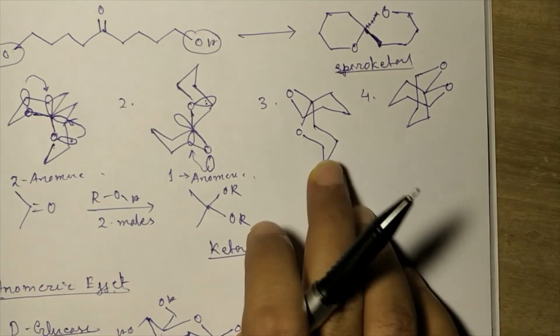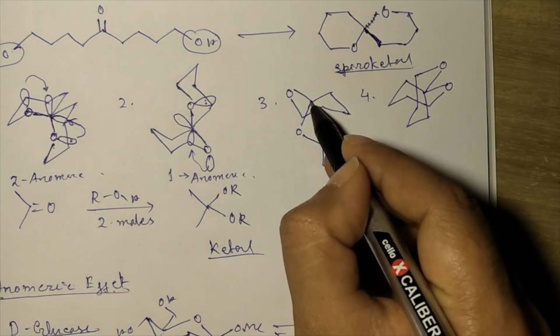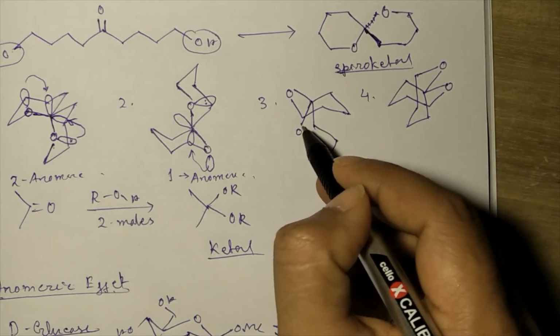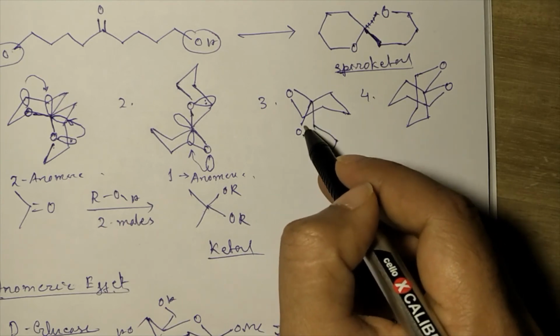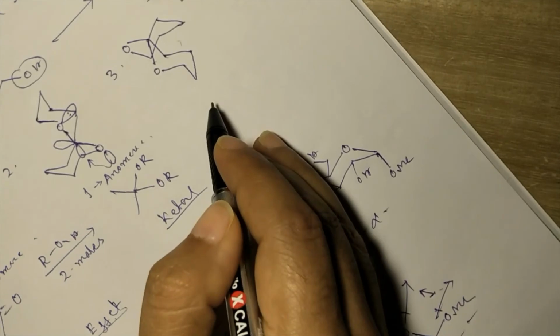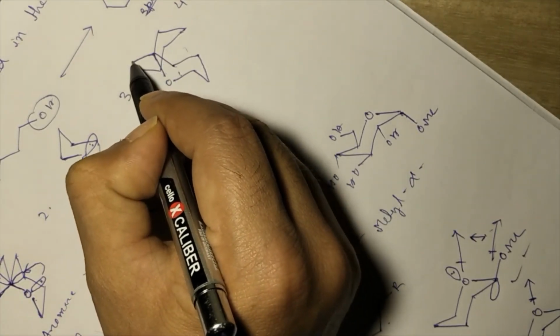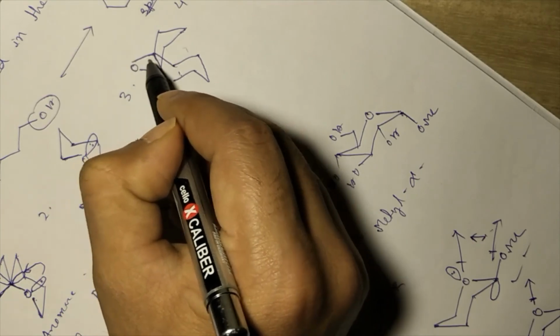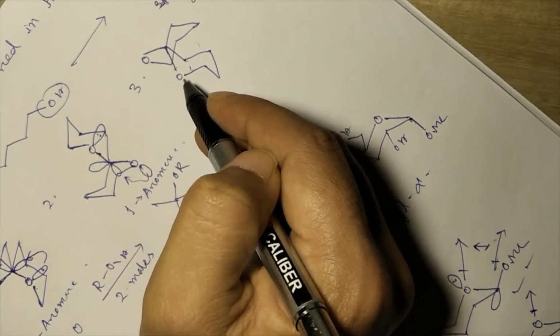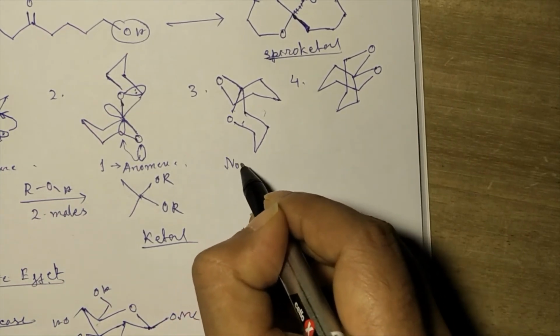In the case of this compound, it is in the equatorial position. So here the anomeric effect will not be observed for this oxygen, and in this case the electronegative groups are also equatorial, so no anomeric effect will be observed here.